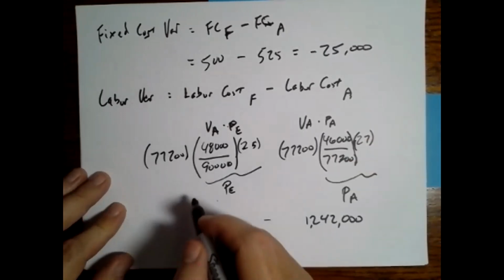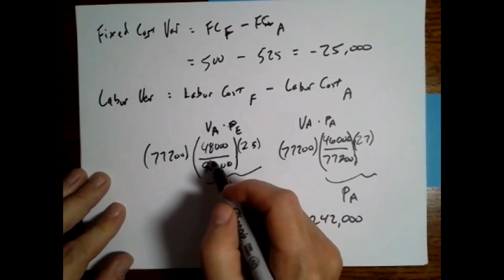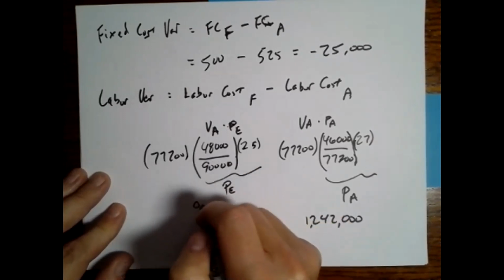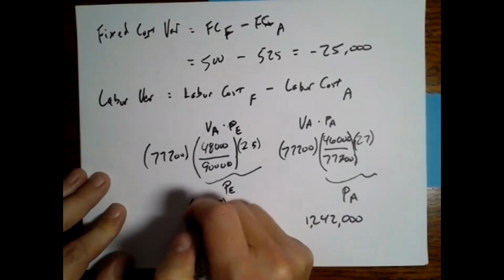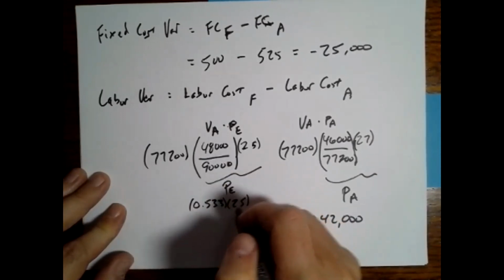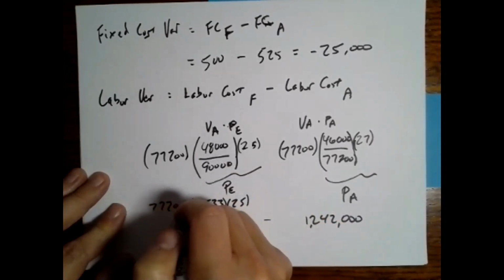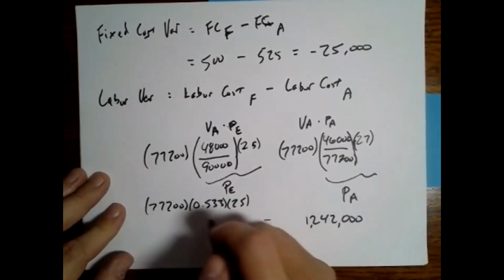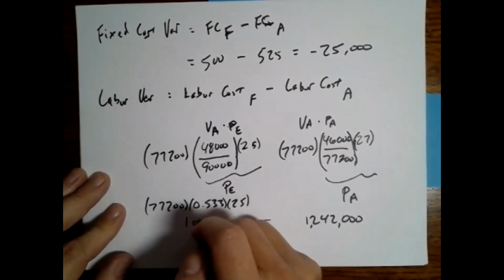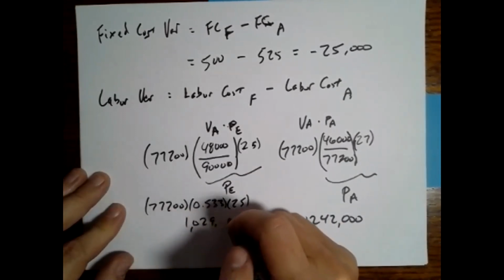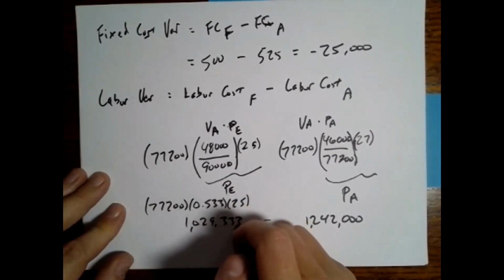Over here, approximately 0.533 times 25 times 77,200 gives us 1,029,333.